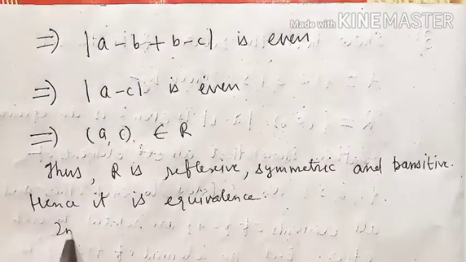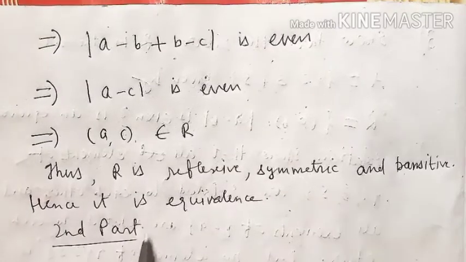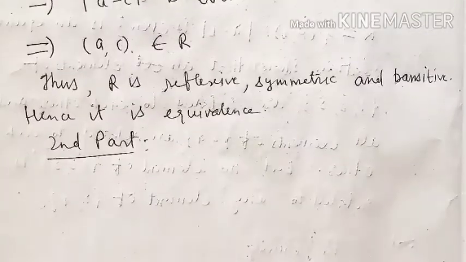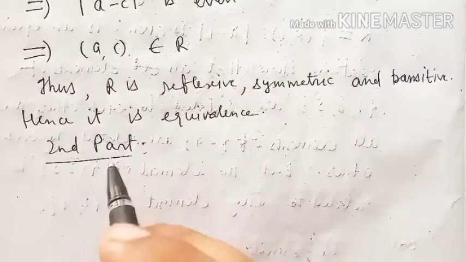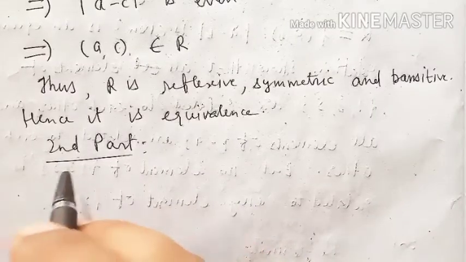Now we have to show the second part, that all elements of {1, 3, 5} are related to each other.